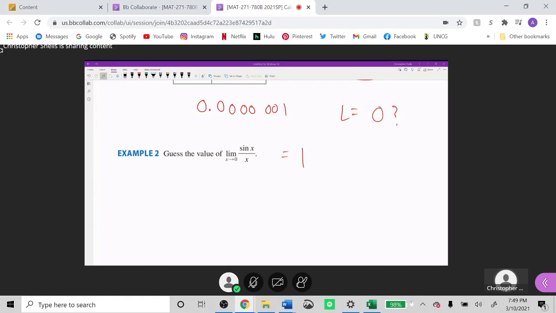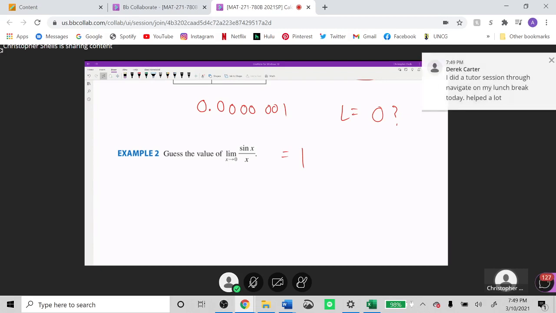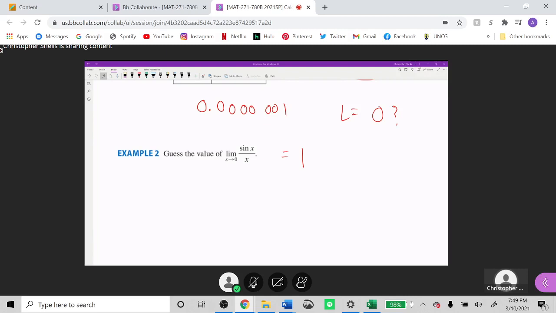Does it make sense why we haven't gotten any real mathy math, it feels like? Tomorrow, in fact, we're going to get into limit laws that are going to help us calculate limits.